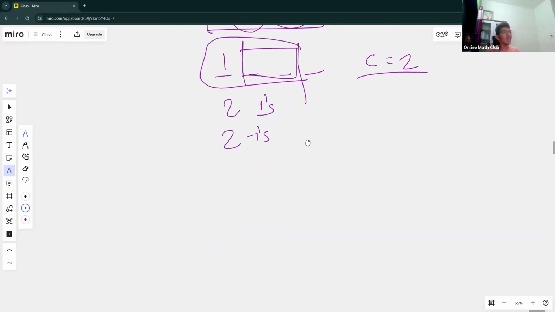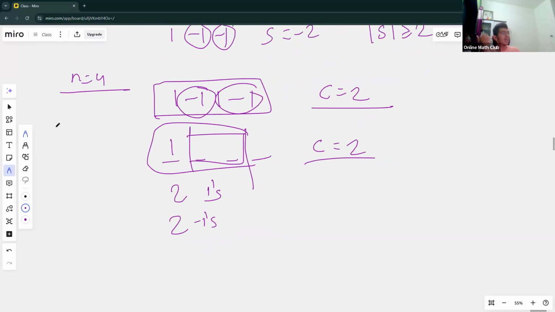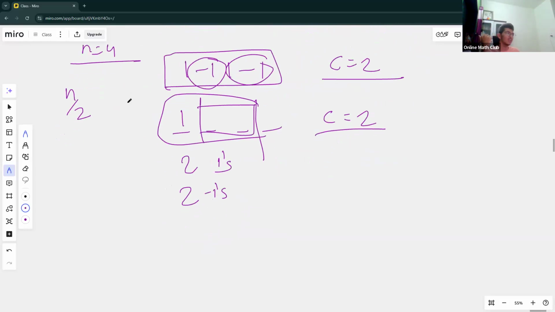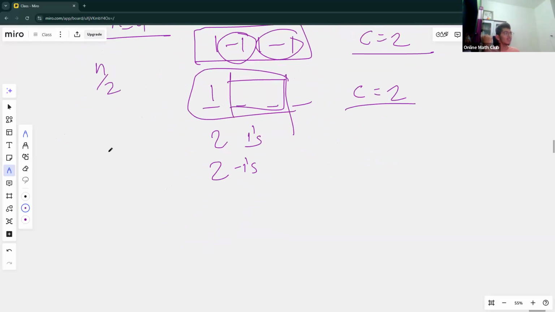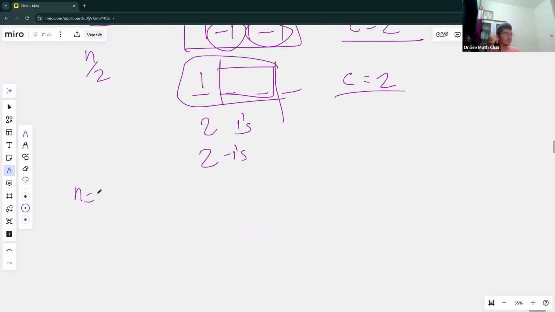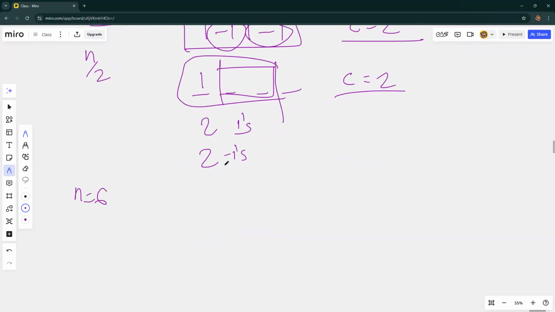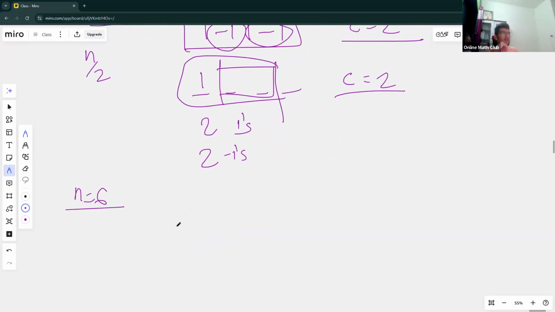Now the intuition is telling us the answer could be n by 2, right? So let's try for more cases. Let's try for n equal to 6. Could it be the ceiling function of n over 2? Maybe. What about n equal to 6?